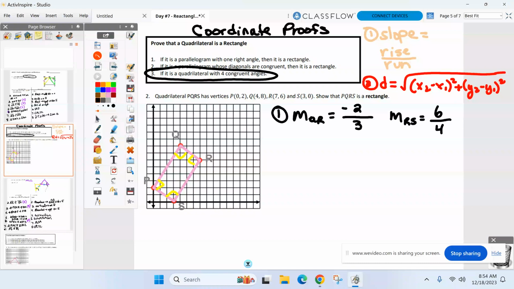It'll tell you 3 over 2. Oh, okay. Now I'm starting to see a little relationship here. Negative 2/3, 3/2, little flip and change, right? We're not done, though. We got 2 more. Let's go PS.